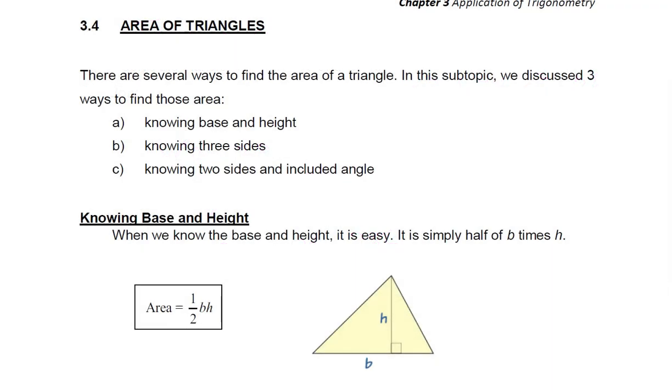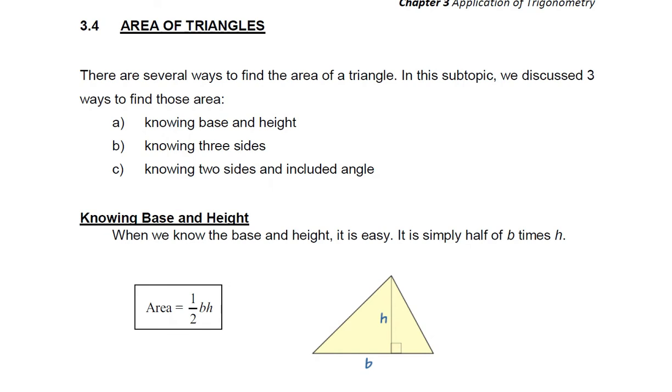For 3.4, which is area of a triangle, there are several ways to find the area of a triangle. So for this subtopic, we will discuss 3 ways to find those areas. One is knowing base and also the height. B, we know all the 3 sides. C, if we know 2 sides and the included angle.